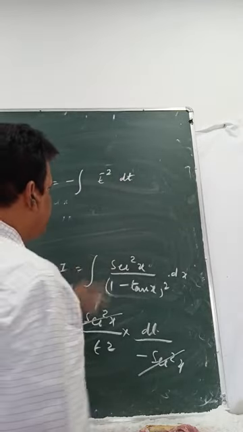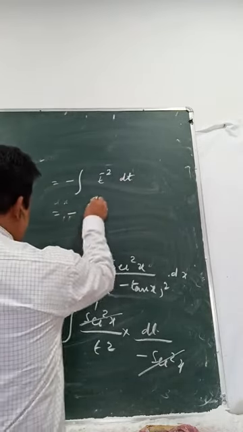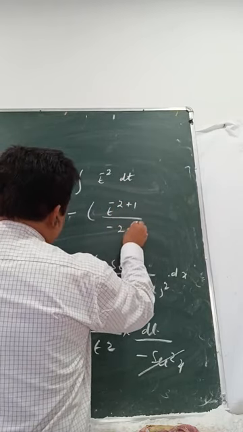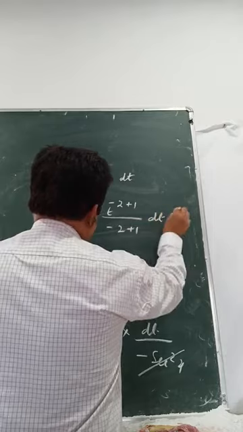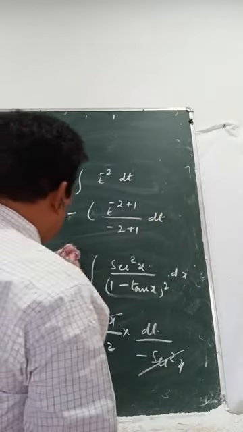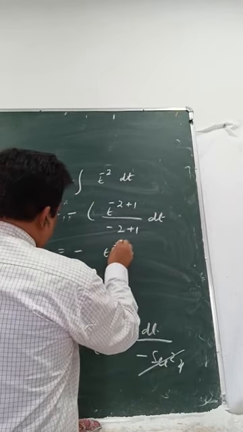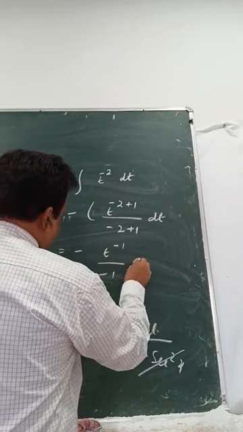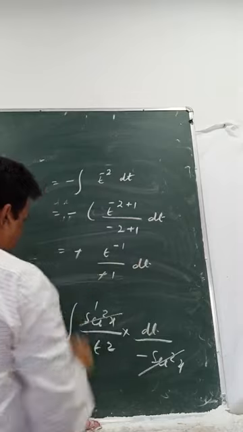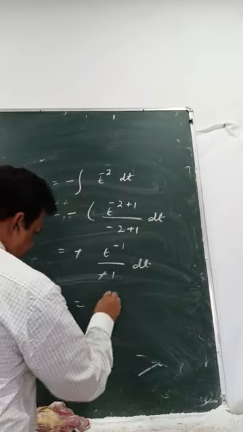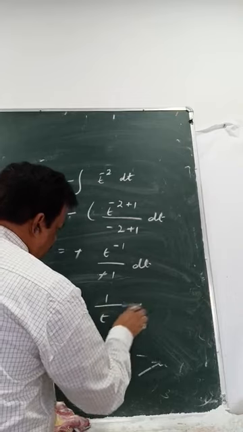So t to the power minus 2, another formula: t to the power minus 2 plus 1 by minus 2 plus 1 dt. This is minus t to the power minus 1 by minus 1. Minus cancels, 1 by t plus constant.